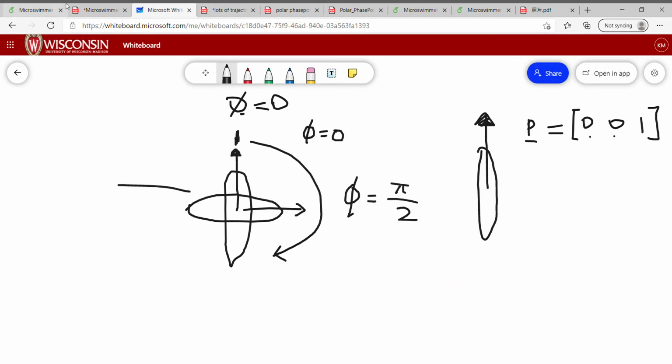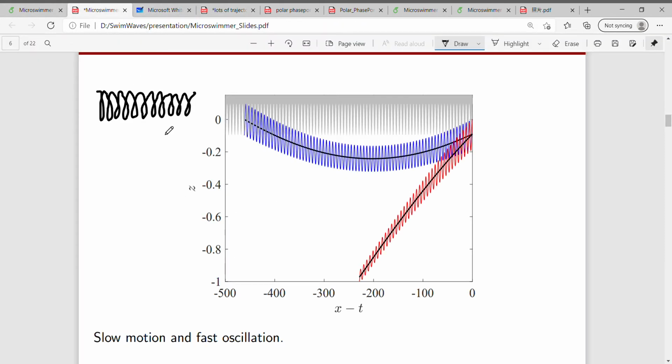Our first goal is to understand this, to find that critical angle and reach depth. Ideally, if the swimmer starts at this depth, how do we know whether it will go back to the surface or not? It depends on the orientation, which is phi. There may be one or maybe two, but we don't know how many critical orientations there are.